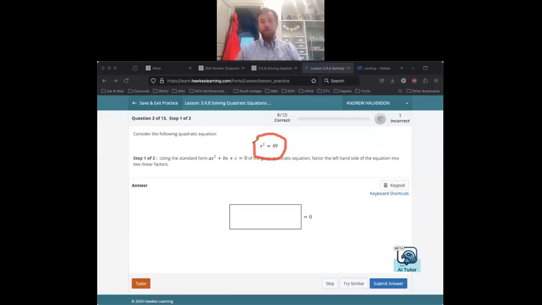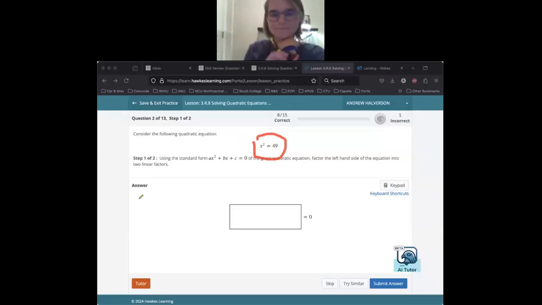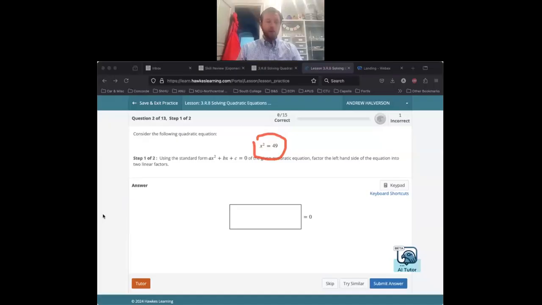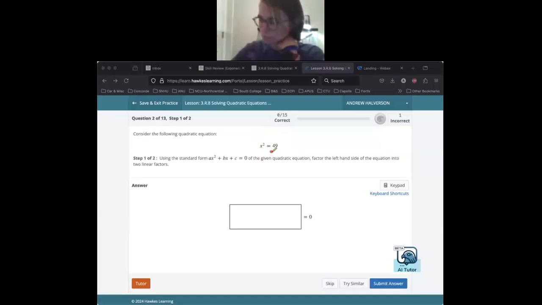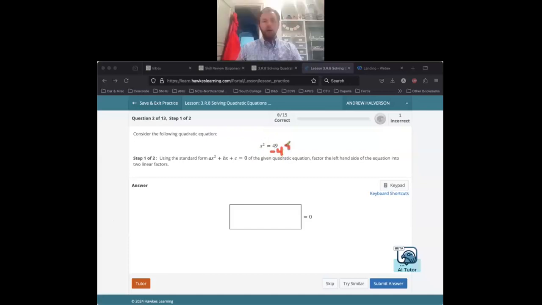From your days of solving equations, how do you move terms from one side to the other? Divide. It's tempting to divide, but do the opposite. So what would the opposite be? Subtract. Right. This 49 is positive, so we're going to subtract 49 from both sides.